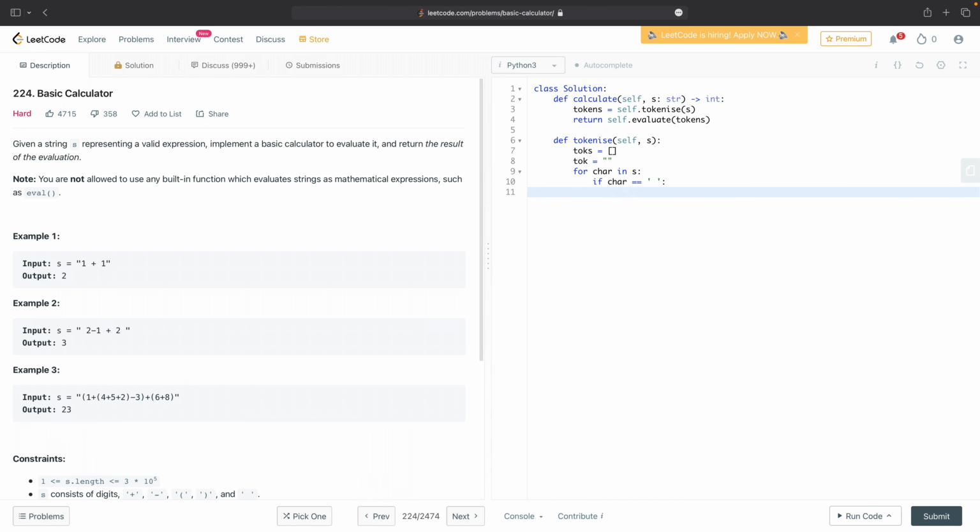Let's do this deeply nested first. If the character is a space, basically what we want to do is toks.append(tok). We are done with whatever token we're dealing with. There is no space in the middle of a number or anything like that. But we only want to do that if the token is worth appending, basically.